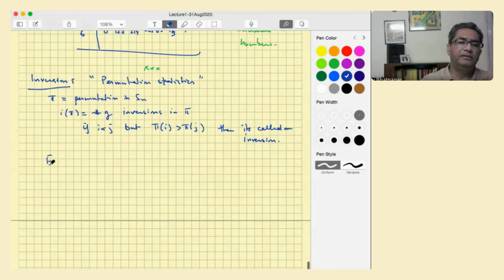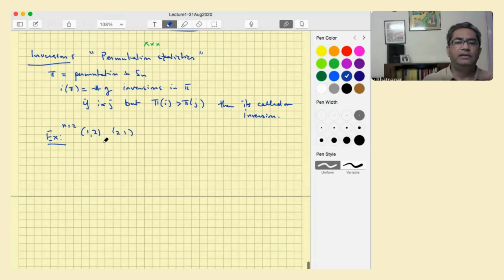So let me do some examples. For n equal to 2, these are the two permutations. What is the inversion here? There is no inversion here, and here there is one inversion. So i is less than j, that means you look to the right and see if something is smaller than 2.